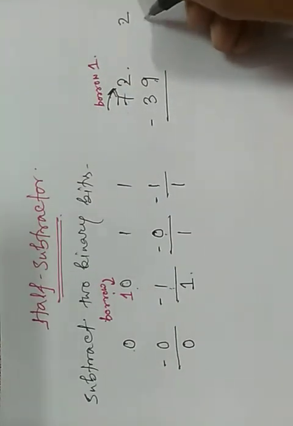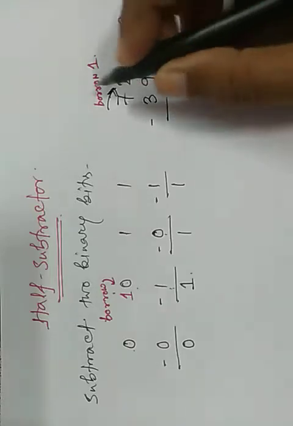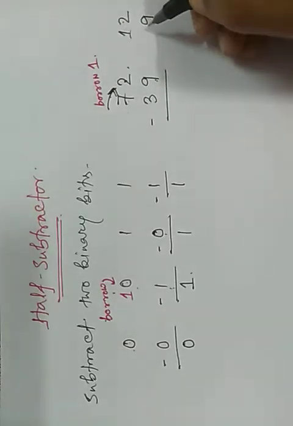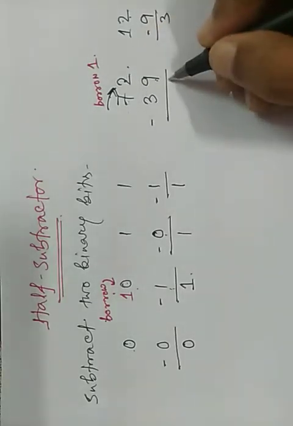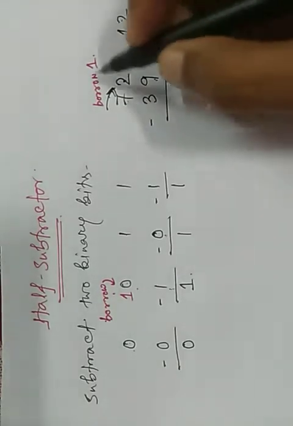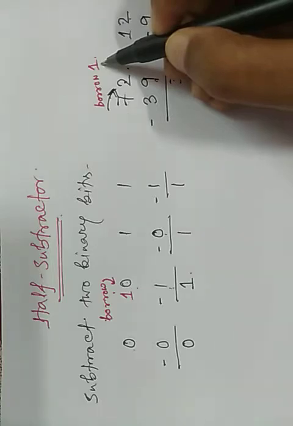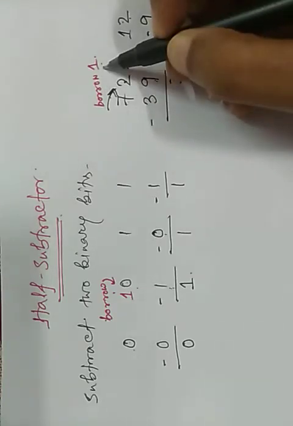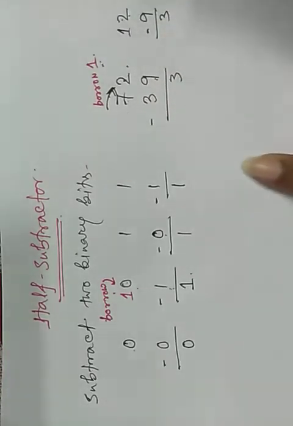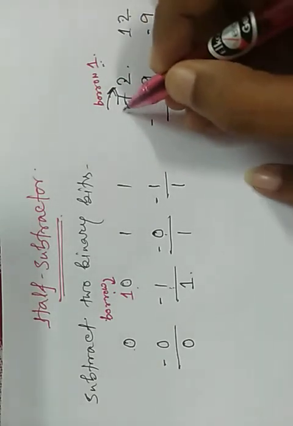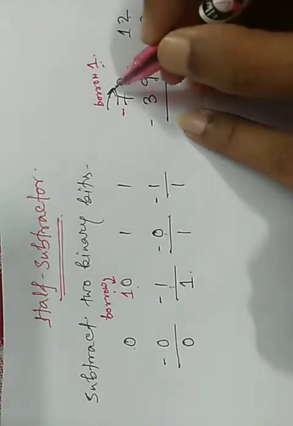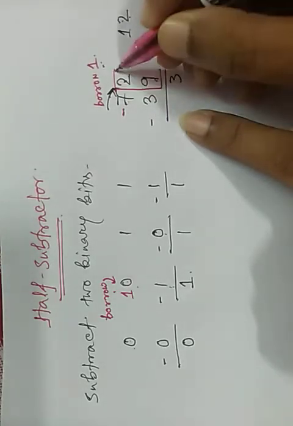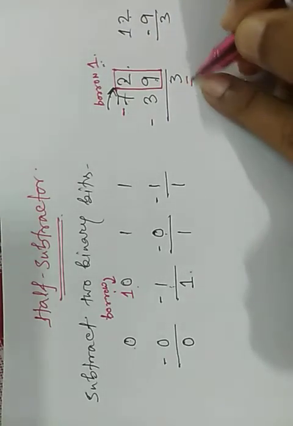Then 2 minus 9: after borrowing 1, it becomes 12 minus 9, then its difference is 3, and the borrow we get here has to be subtracted from 7 in our next step. So the subtraction of these two digits is complete and we get 3.